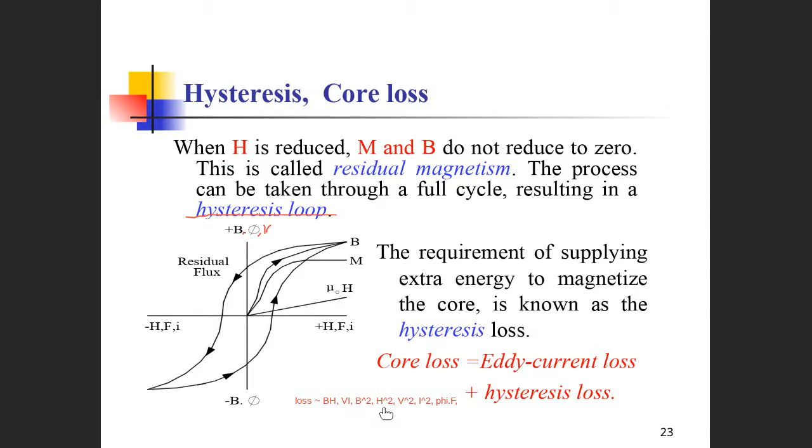So the energy loss in practice can simply be represented by the BH area here, or the VI.